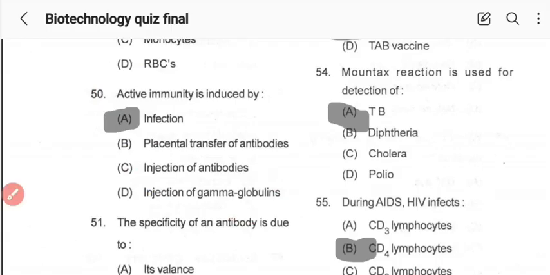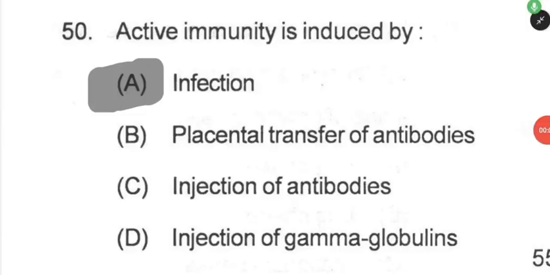So the right answer is infection, because during infection the whole infecting microorganisms enter the organism and cause an immune response immediately, and that immune response is called active immunity.